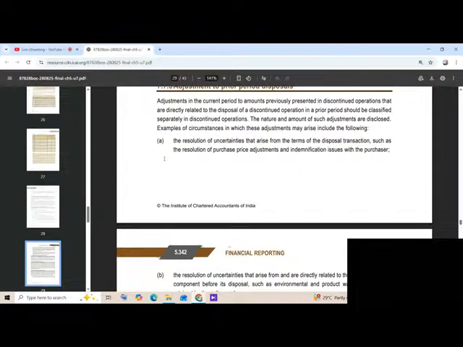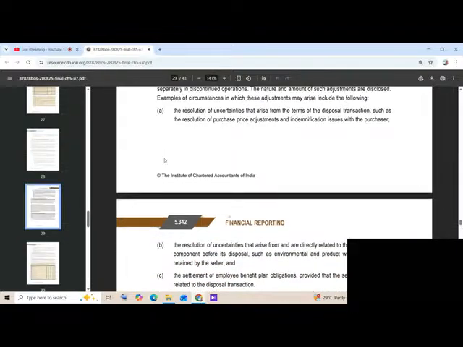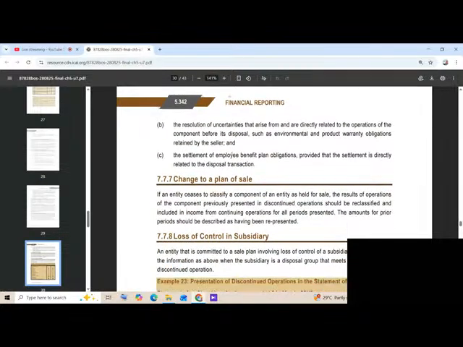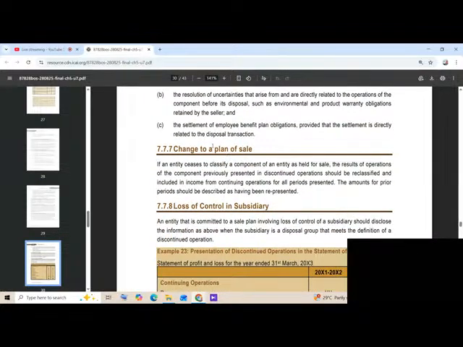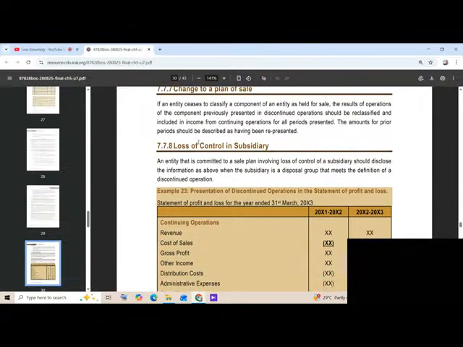Examples of circumstances in which these adjustments may arise include: the resolution of uncertainties that arise from the terms of disposal transactions, such as resolution of purchase price adjustments and indemnification issues with the purchaser; the resolution of uncertainties that arise from and are directly related to the operations of the component before its disposal, such as environmental or product warranty obligations retained by the seller; the settlement of employee benefit plan obligations, provided that the settlement is directly related to the disposal transaction.